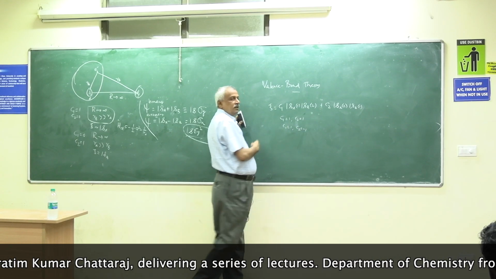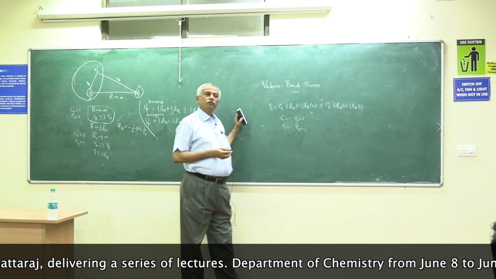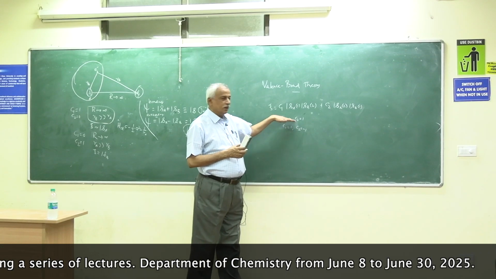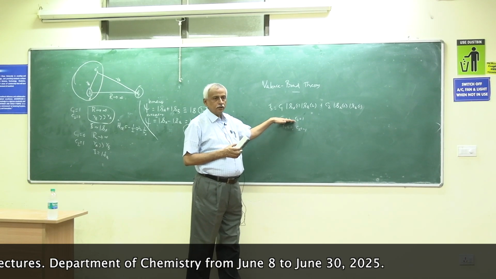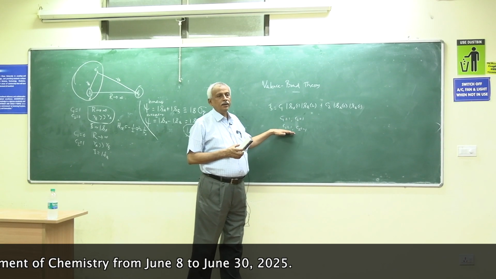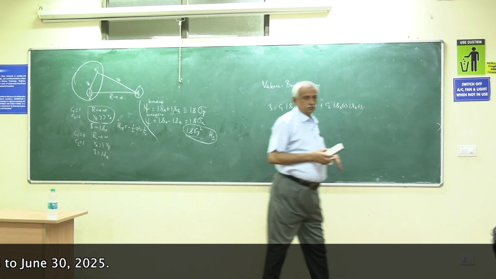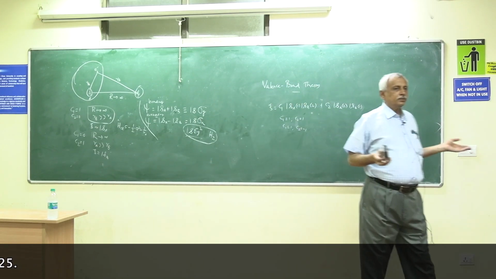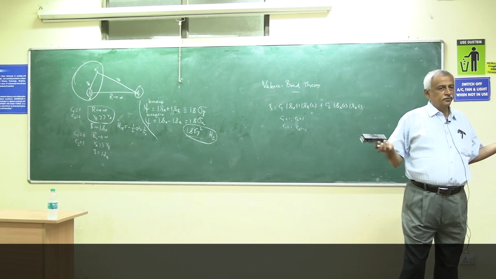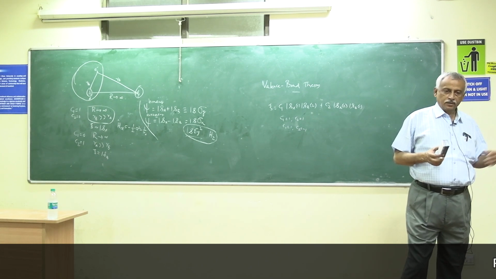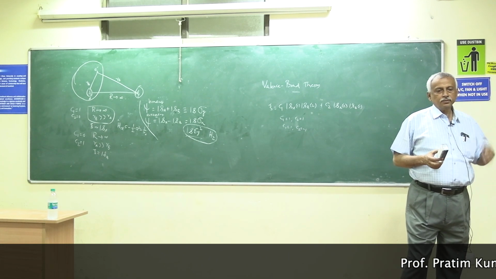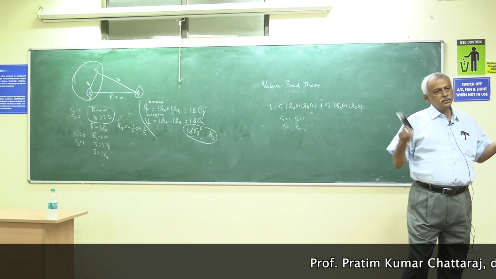So two different valence bond wave functions you will get, and this one will have lower energy than the atomic orbital, and this one will have higher energy than the atomic orbital. So exactly the same way, but the wave functions are now different because your trial function was different. One from MO theory, one from VB theory. But if you take different trial functions, you will get different results.